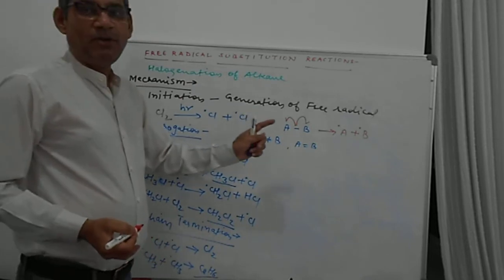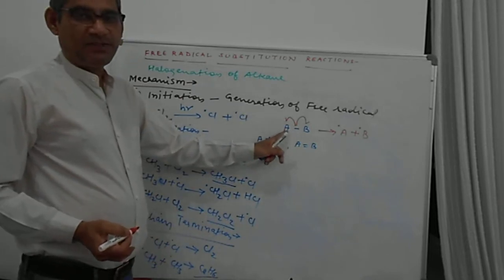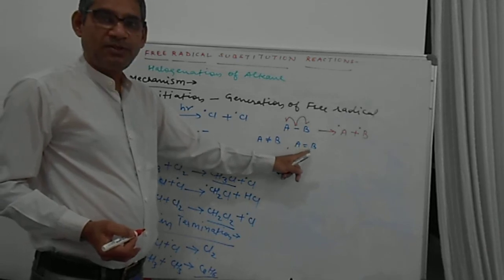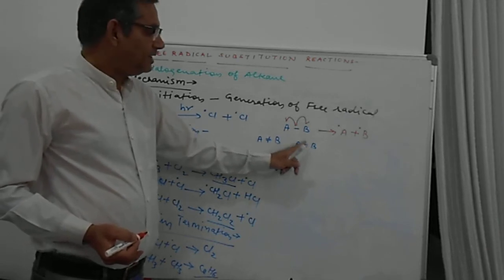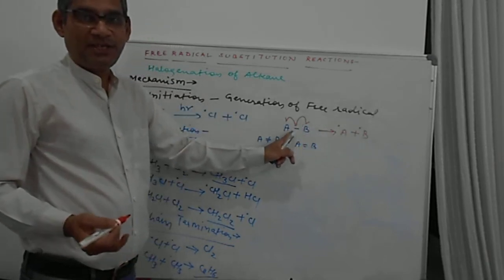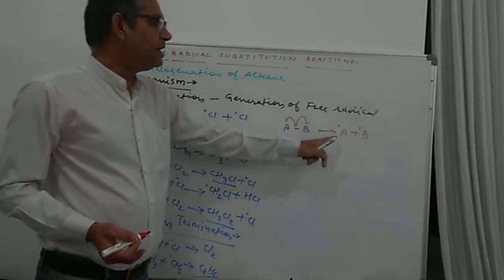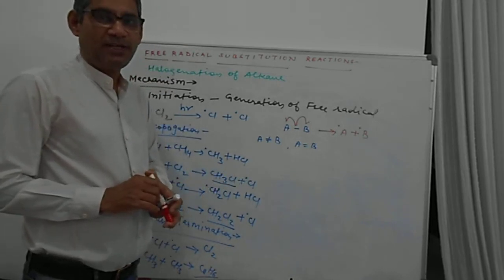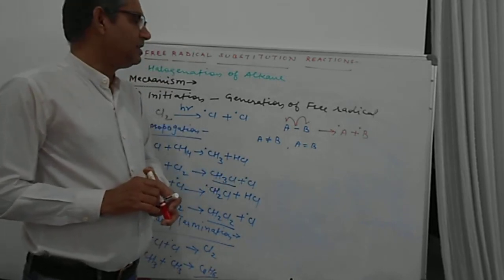This is an example of homolytic cleavage. If the electronegativity of both constituent elements is the same, then equal distribution of the shared electron pair will be there, and free radicals will be formed. And this is an example of homolytic cleavage or homolytic fission.